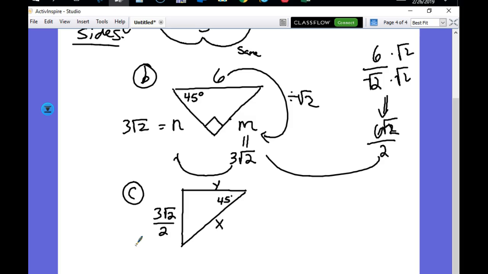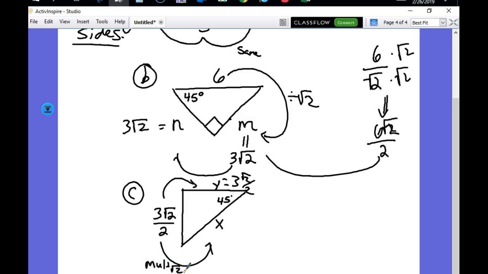What side did they give me? A leg. How do you get from the leg to the other leg? It's the same, right? So that's going to be 3 radical 2 over 2. How do you get from a leg to a hypotenuse? You multiply by the square root of 2.